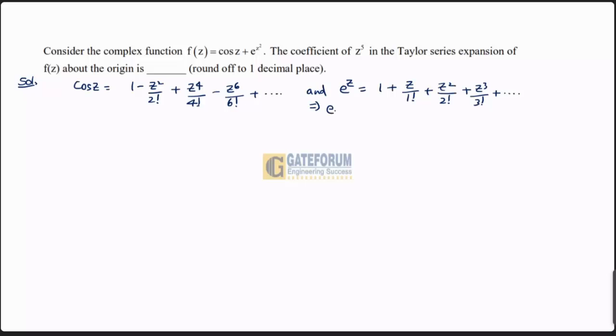From this, e power z square, where z is replaced by z square, is 1 plus z square by 1 factorial plus z square whole square, that is z power 4 by 2 factorial, plus z power 6 by 3 factorial plus so on.